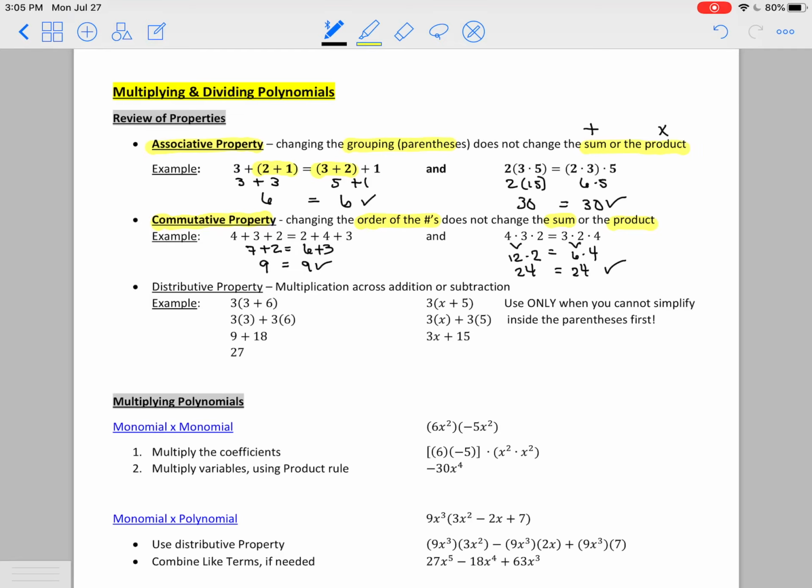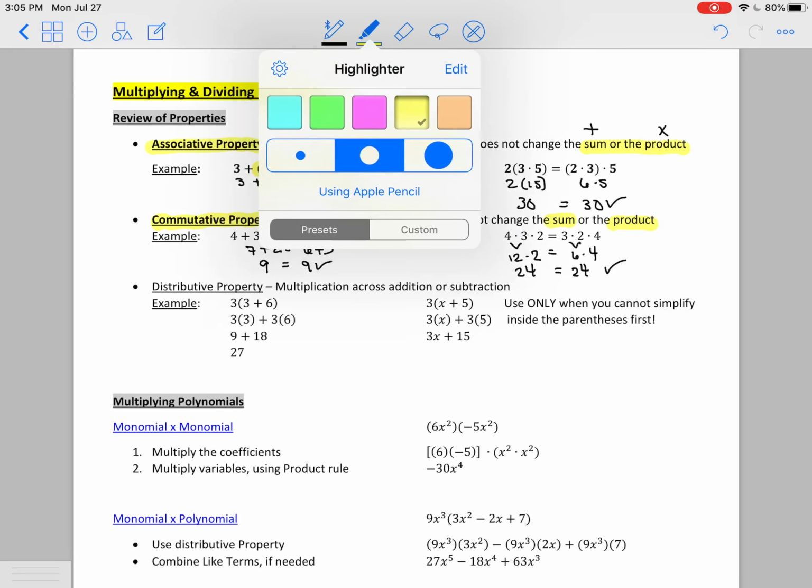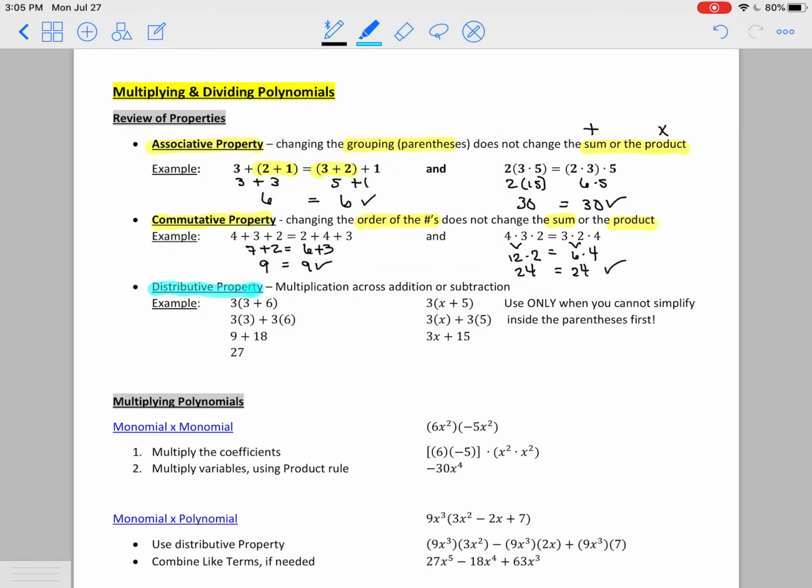So those two properties are really important to know, and they'll come, of course, more and more into play as we move forward. The most important property here that I'd like you to really focus on is this distributive property. And distributive property really just means multiplication across addition and subtraction.